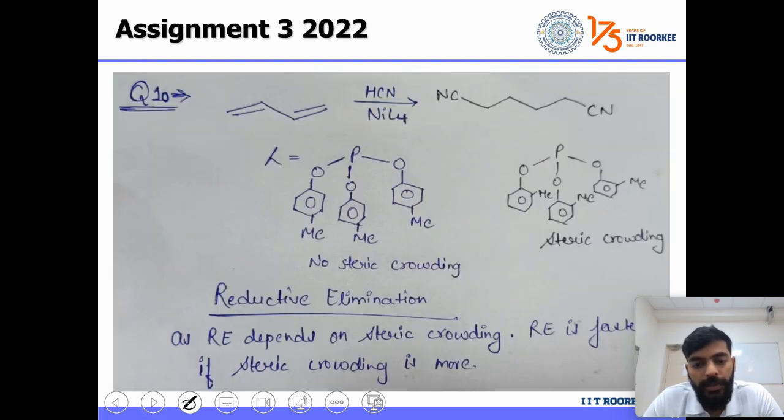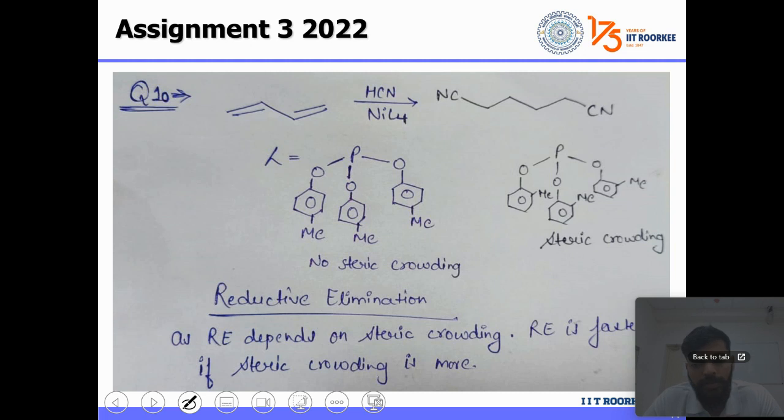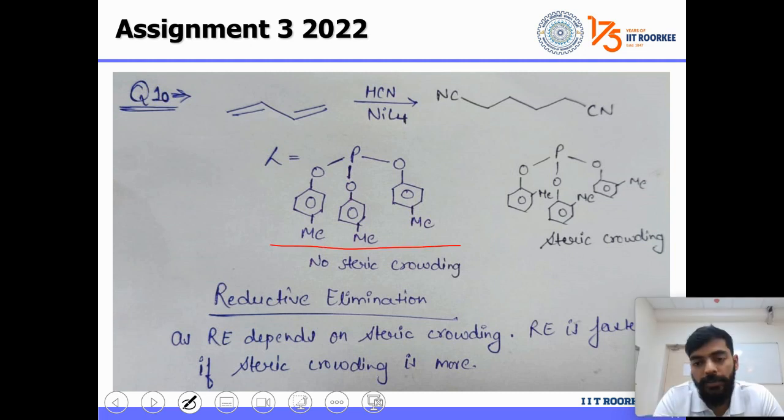See here. What is happening? This is one, the fourth position with the second position. One, two, three, and four. Okay. So if we see, second position creates more steric crowding than the fourth position. No steric crowding. Okay. Whenever the reductive elimination depends on the steric crowding, so RE is the faster with the steric crowding. Okay. IDS is reductive elimination.